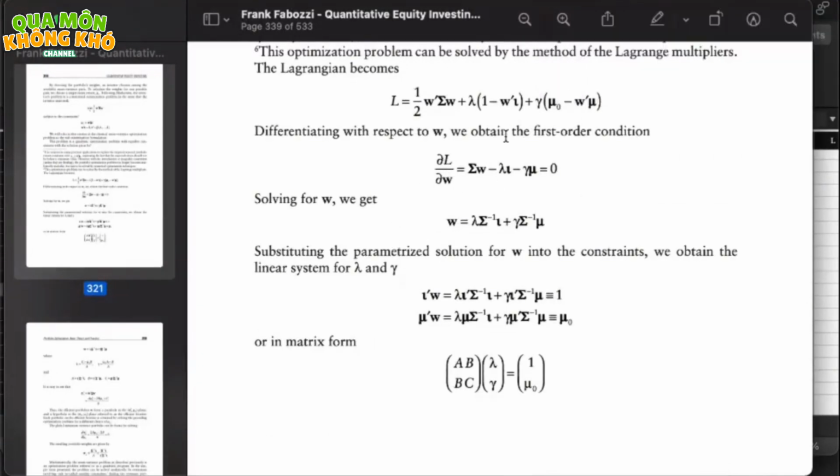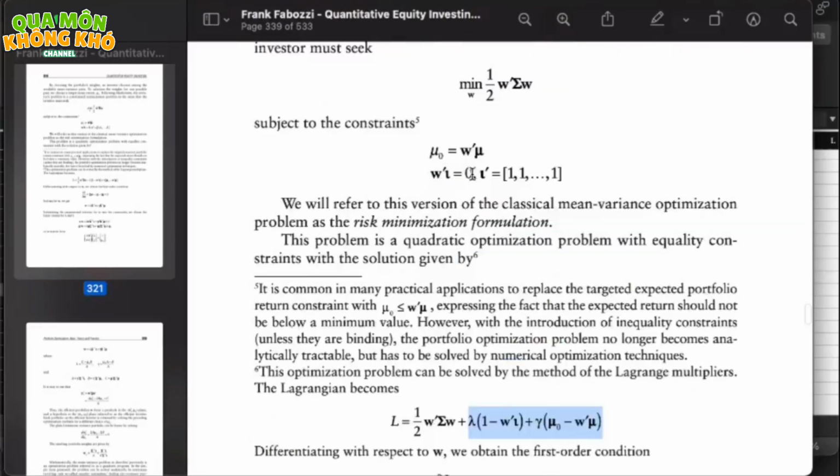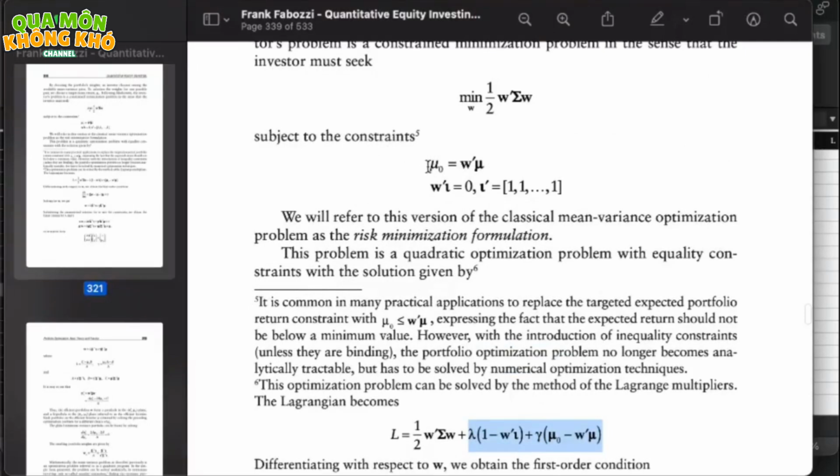do it again. So as you see, we just minimize this function with the Lagrange multiplier. This is our constraint. And we have two constraints here: the portfolio return, and being fully invested in our portfolio, which means we distribute 100% of our money.